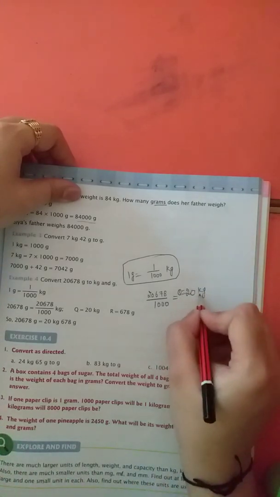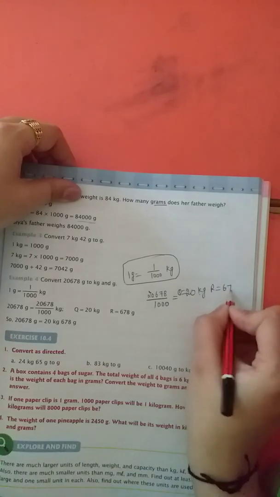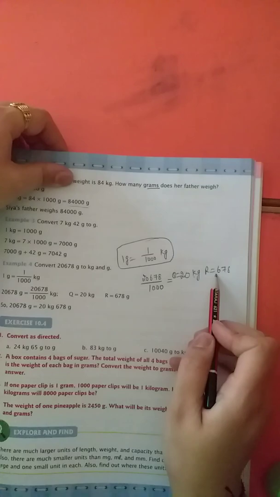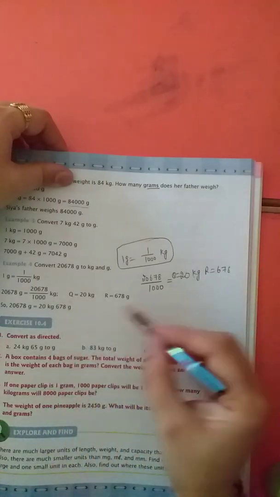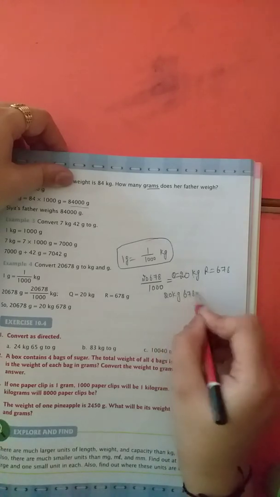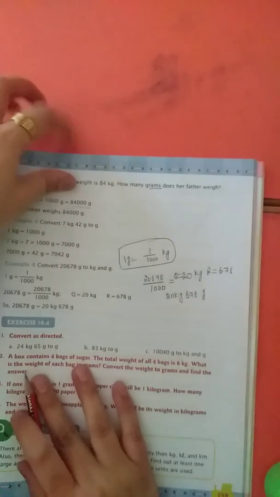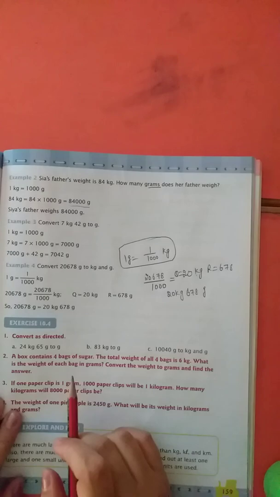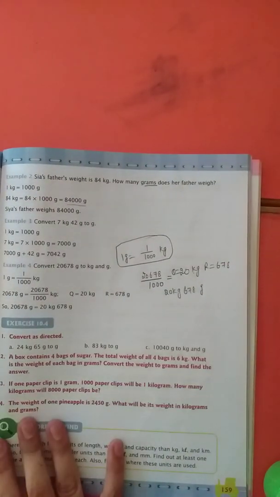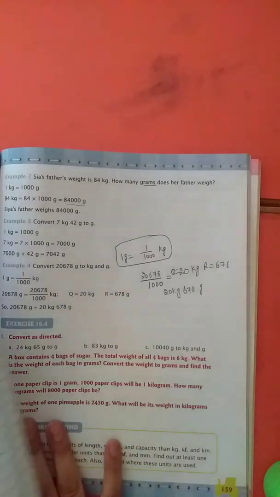Quotient is equal to 20 kg and remainder is 678. That means 20 kg and 678 gram. In this way we can convert gram into kg. Let's take another example to convert gram into kg.